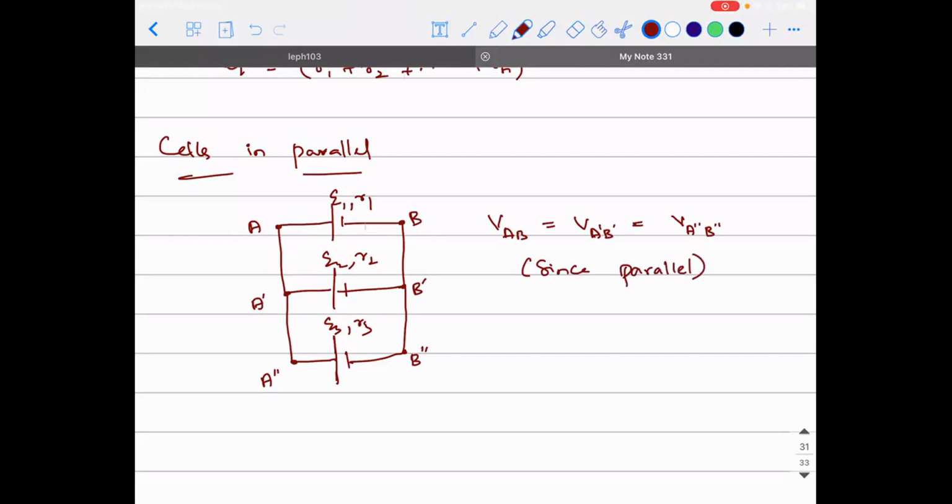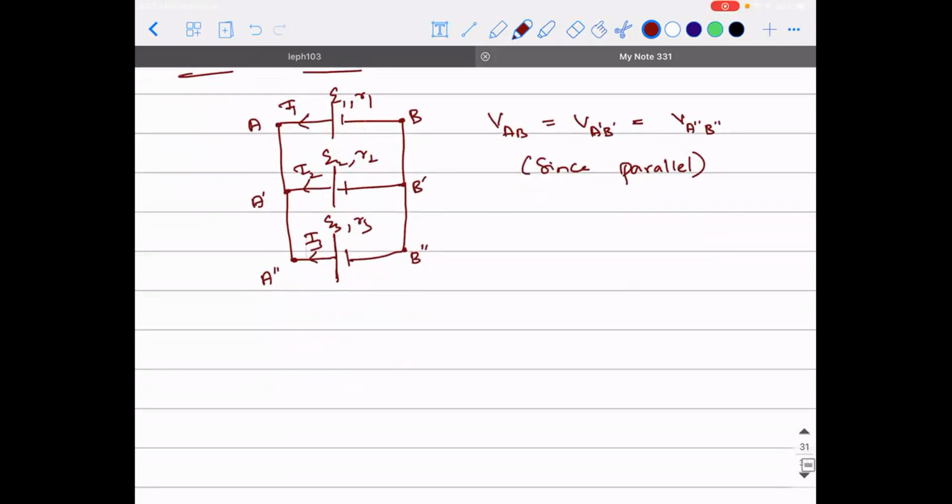But what will happen in the parallel connection, guys? What parameter will be different? It is the current I1, I2, and I3. Okay, for simplicity, I've taken three down. I1, I2, I3.